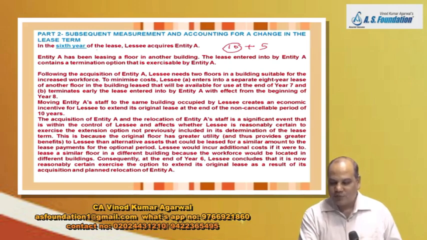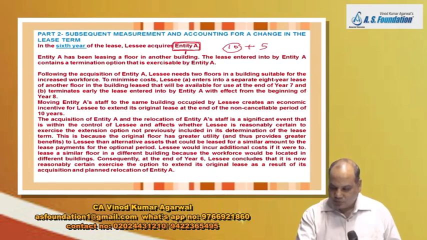in the 6th year of the lease, 5 years are over, the lessee acquires another entity called A. Now some event has taken place in the life of this company, the lessee. There is another entity A which has been acquired by this lessee, in whose books we are doing the accounting. Understand the story. Entity A has been leasing a floor in another building.